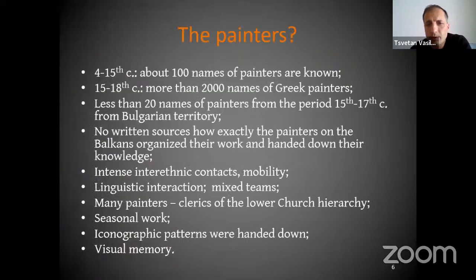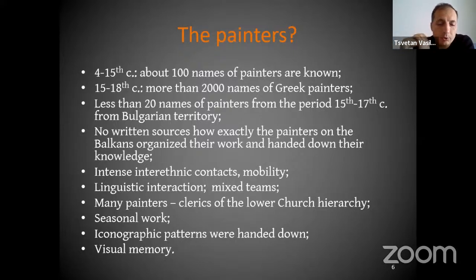So a few words about the painters. From the Byzantine period, we have only about 100 names of painters. And from the period from 15th to 18th century, we have more than 2,000 names of Greek painters. So you see that in the Byzantine times, this is a time of anonymity.